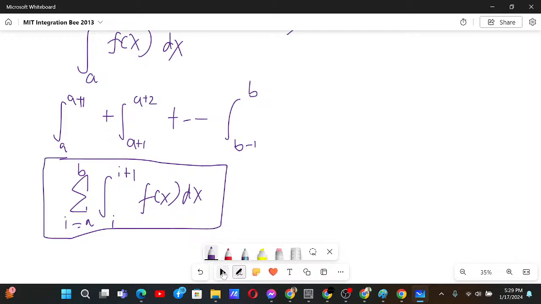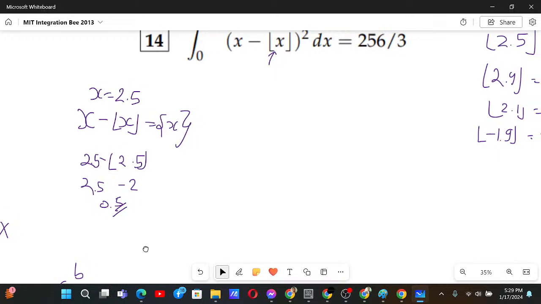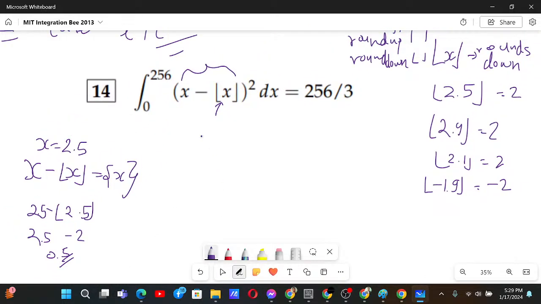The same technique we will apply in this. So this can be written as sum going from n equals 0 to 255. There's a reason why I did this. The integral goes from n to n plus 1.